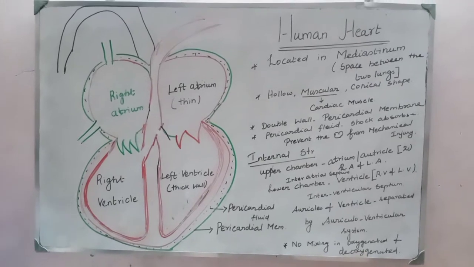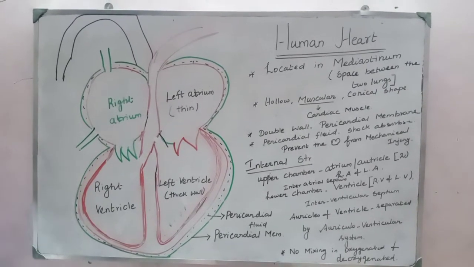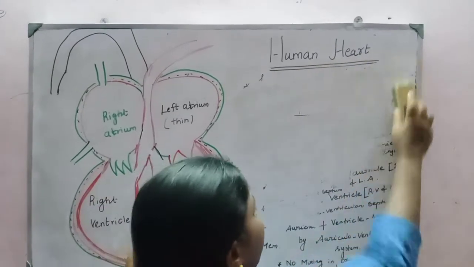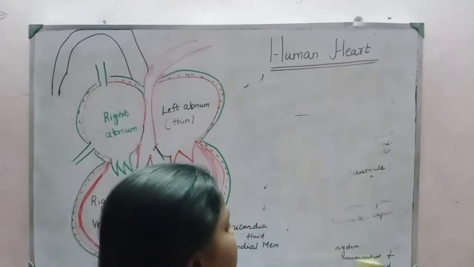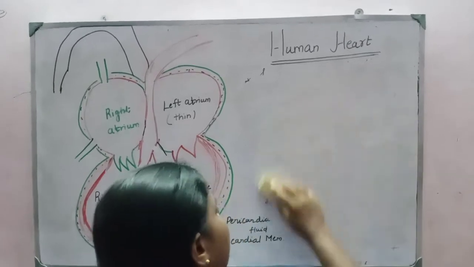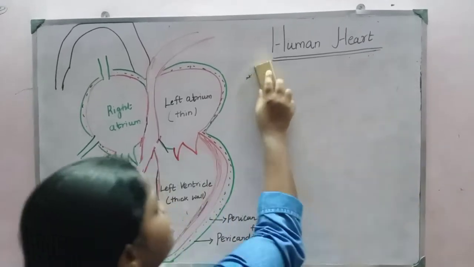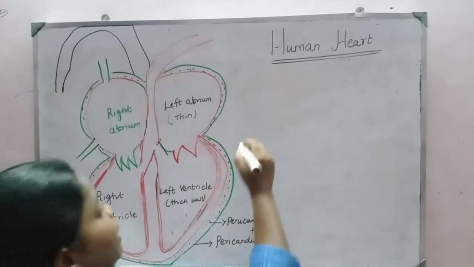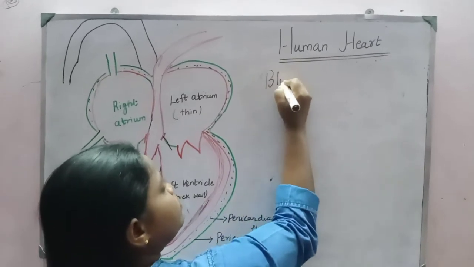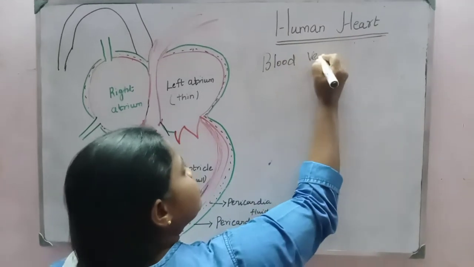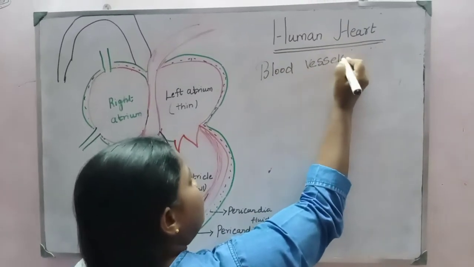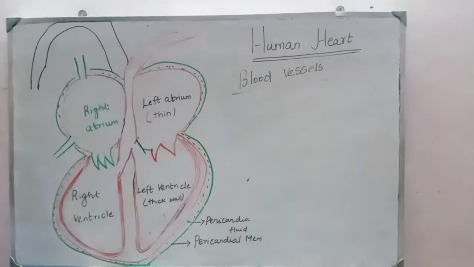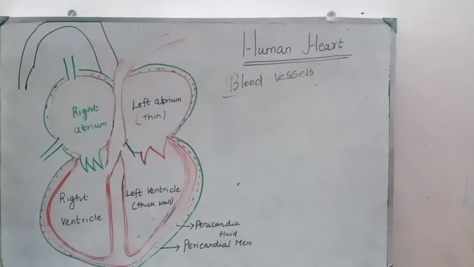The next one, we learn about the blood vessels present in the human heart. How many blood vessels are present in the human heart? See, there are 5 blood vessels.